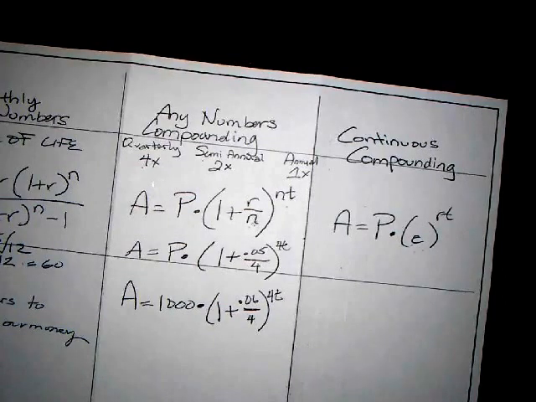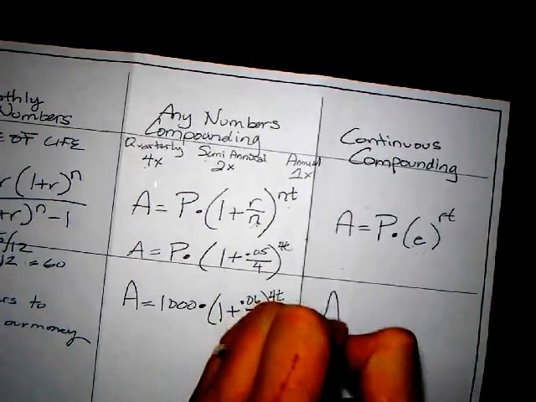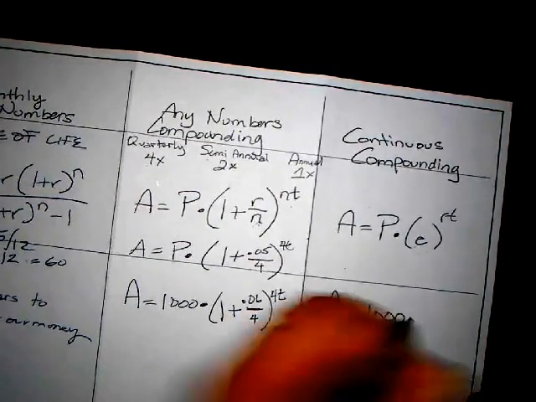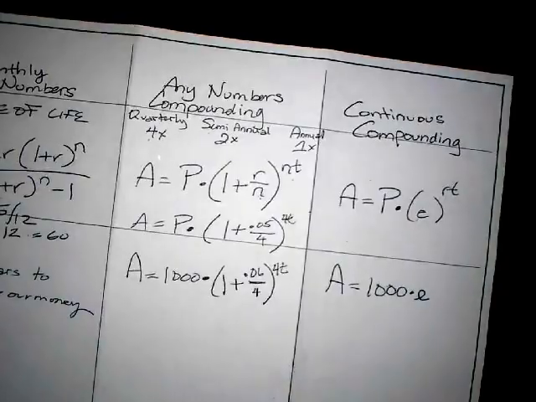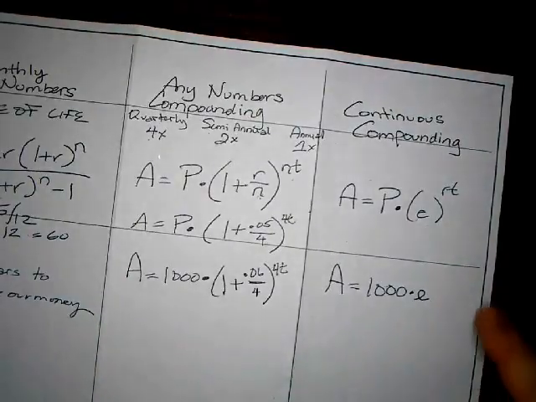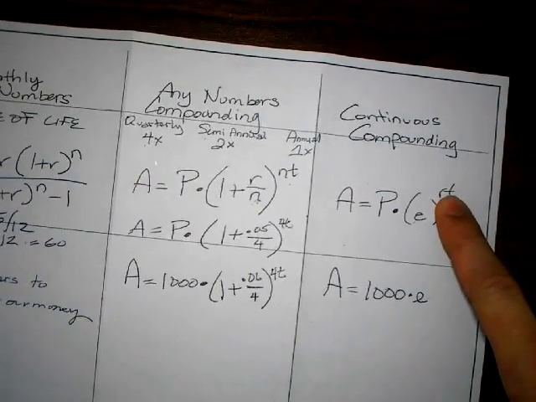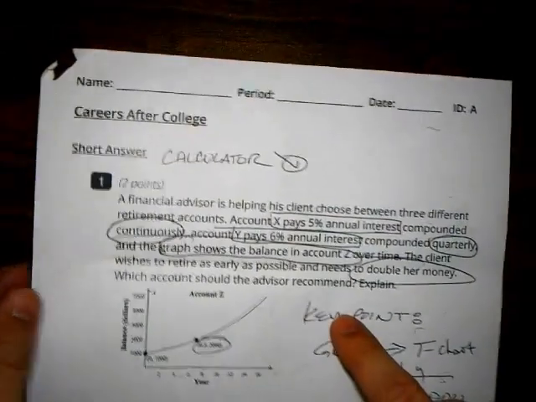And we only have one more, right? So this is our continuous compounding. Again, what was our principal amount, Annie? 1,000 times the variable e. And then we're going to raise that to the RT. So we need to know the interest rate of this one.